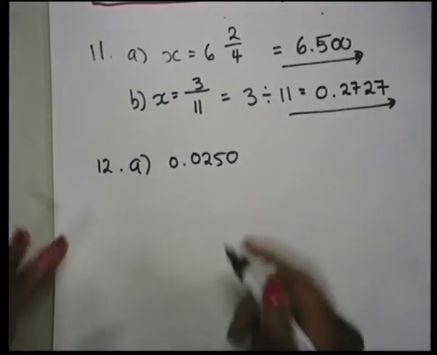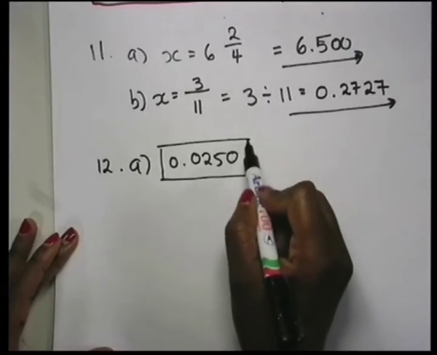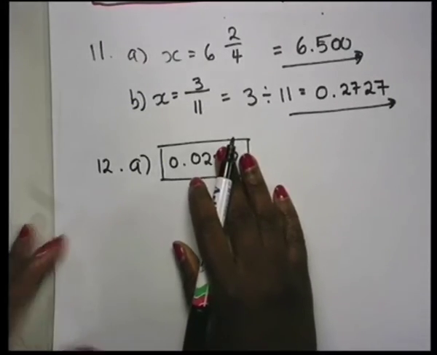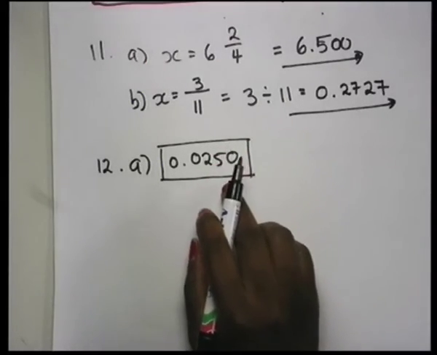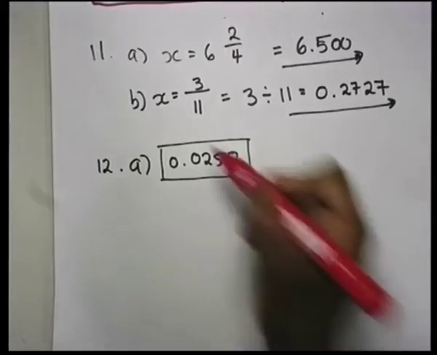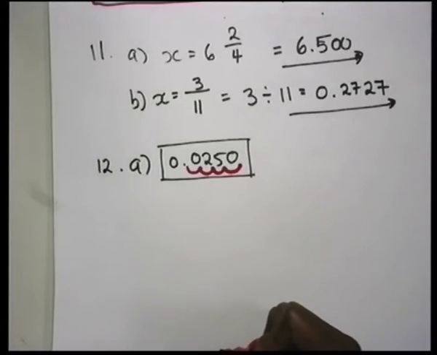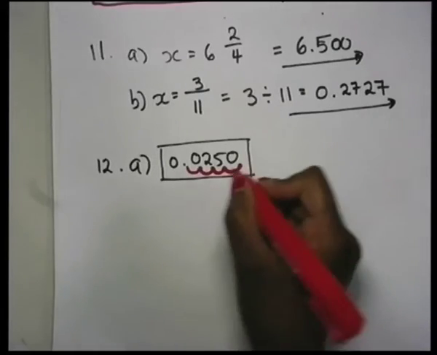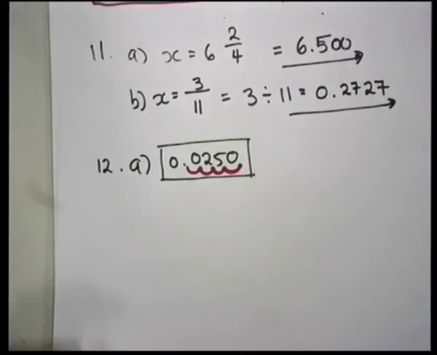Just a quick trick: whenever you see a decimal that looks like this, you already know that after the comma we have 1, 2, 3, 4 movements. All right, so then we can look at this and say, okay, fine, whatever it has must have 4 zeros below it.